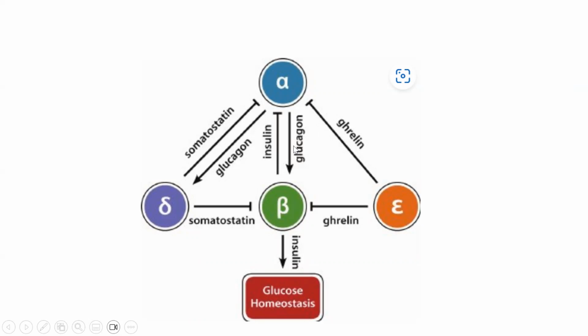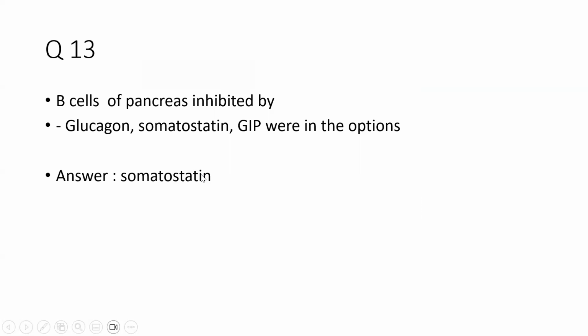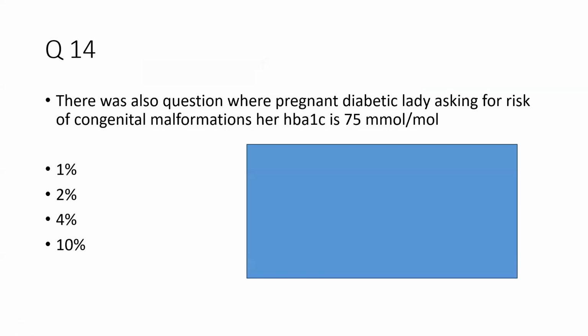So you can clearly see the glucagon activating the insulin and somatostatin secretion as well. And the somatostatin, which is secreted by the delta cells, and the ghrelin, which is secreted by the epsilon cells, they inhibit the insulin. So basically, it is the somatostatin which inhibits the beta cells, and that was the answer in the question stem.